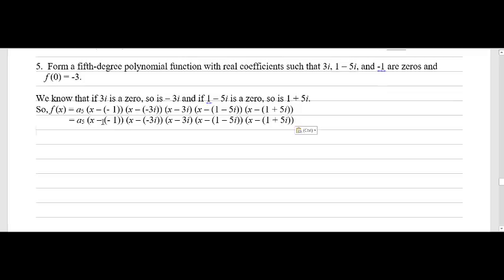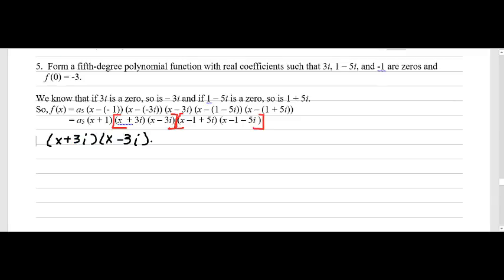And notice we actually have to find what a5 is. We can't choose our a5 this time because we are asked to find the one and only one fifth-degree polynomial that has the given zeros, and that if x is replaced with 0, the polynomial becomes negative 3.